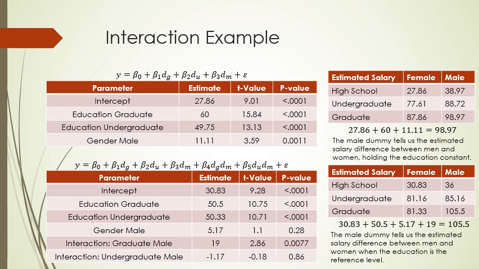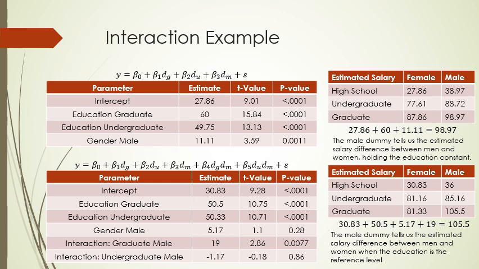We should notice the same dummy terms have different meanings if the interaction terms are included. For example, in the second model, the coefficient of the male dummy term estimates the salary difference between men and women when the education is the reference level, which is high school.